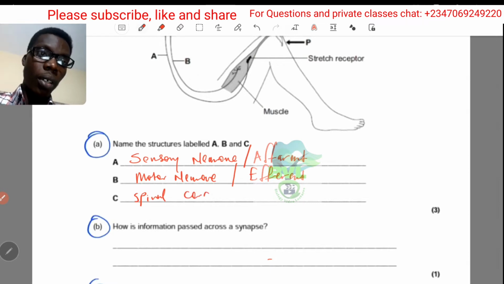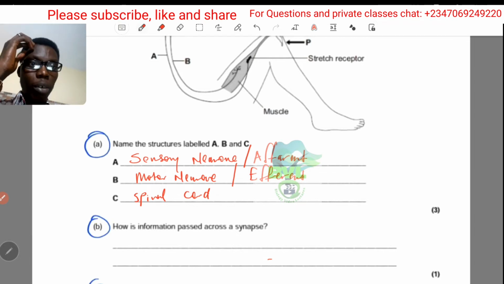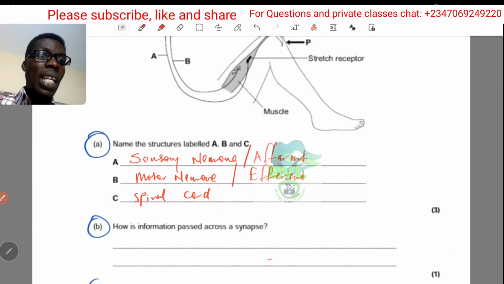Okay. Now, it says here, how is information passed across a synapse? Now, please pay attention. This is just a 1-mark question.